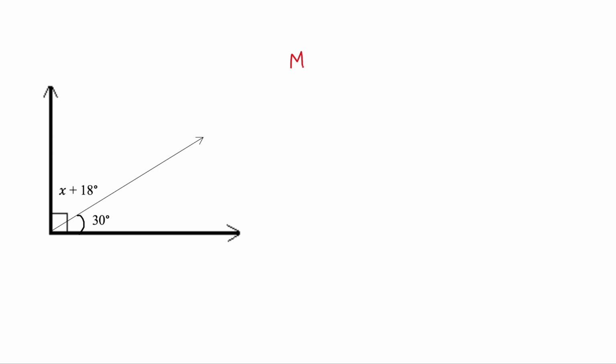So method two, same problem, but we're going to solve it slightly differently. Same logic, but the operations are going to be slightly different. Okay, so I have two angles, this one that is 30 degrees and this one that is x plus 18 degrees. And both of them are complementary, so they add up to 90 degrees, okay?